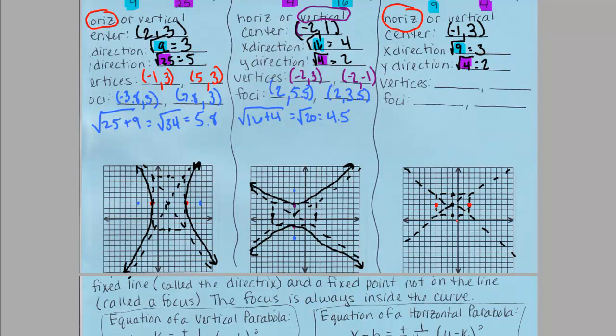So this red dot is at negative 1, 2, 3, 4. And 1, 2, 3. And this red dot is at 1, 2. And up 1, 2, 3. We can go ahead and draw our hyperbolas.